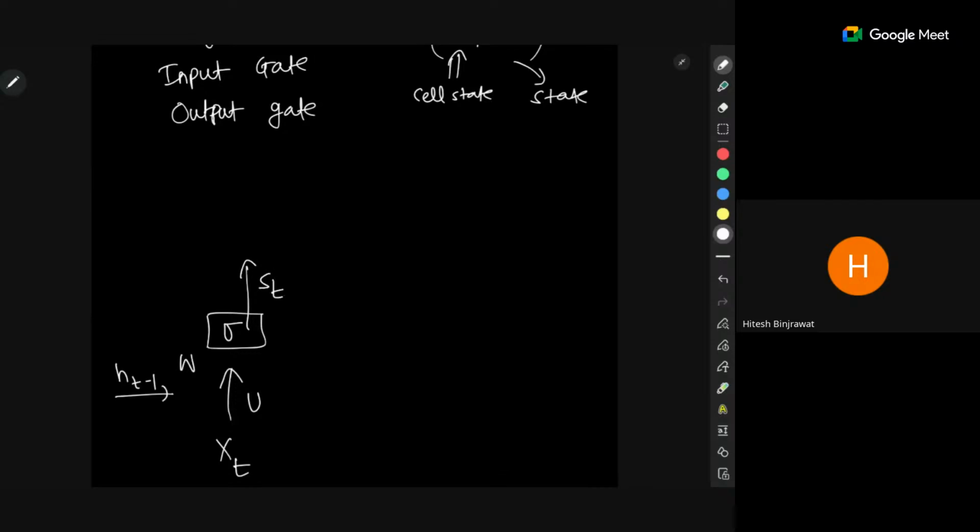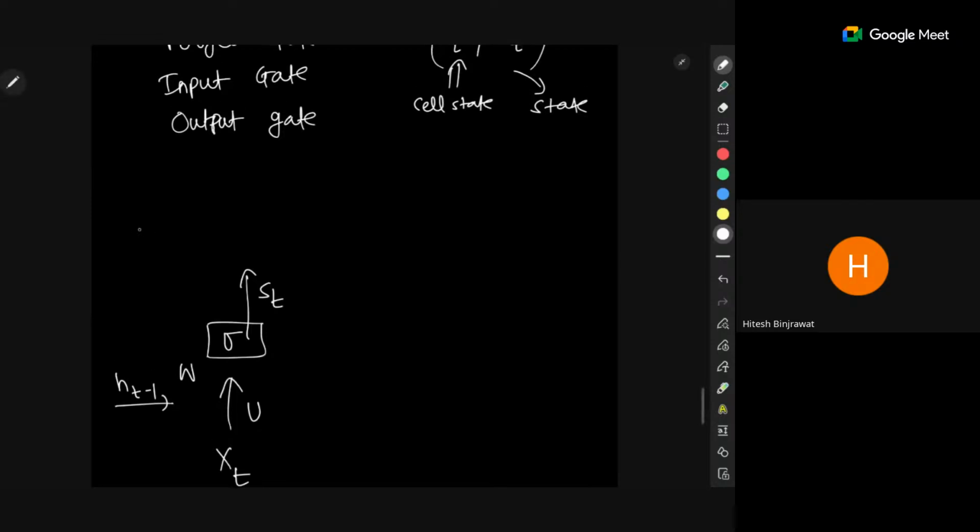Actually, it will produce ST, and this is how an RNN looks. Now what we'll do is we'll have another input which is coming from ST minus one. So this is another input, and I'll do something called point-wise multiplication of this.